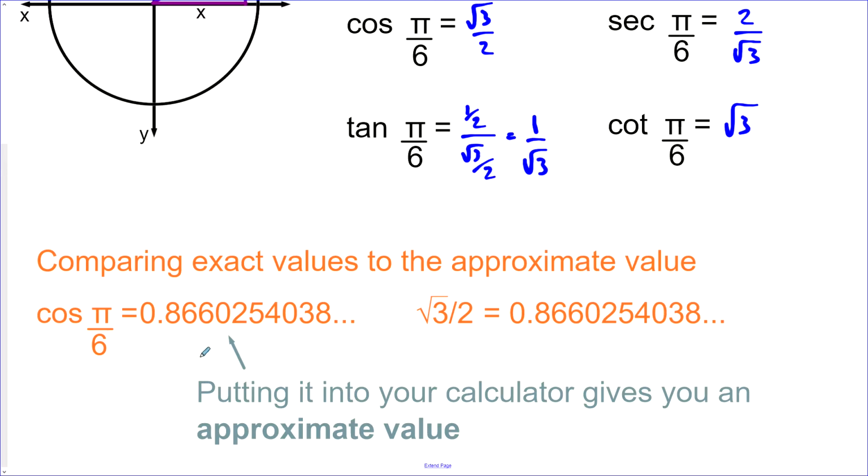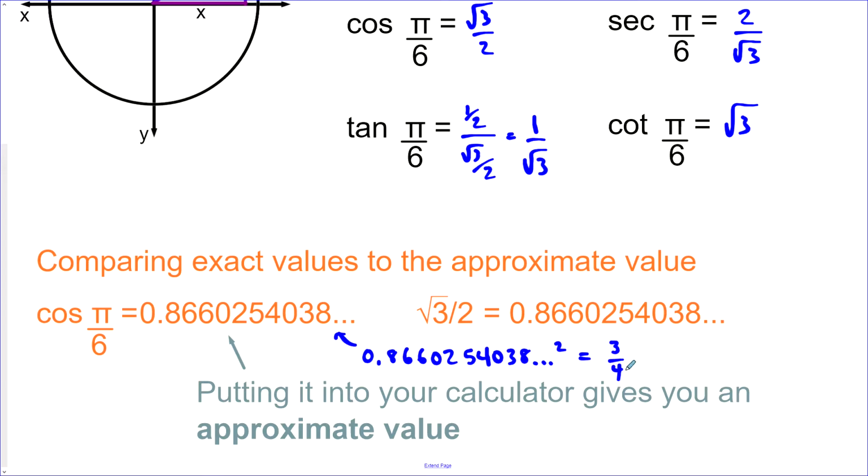Now what do you do if you completely forget what cos pi over 6 is and you get this decimal and you need the exact value? Well, there is something we could do. We could play with this number here, 0.866. Take all of this, including the decimals you can't see, and square it. And what you'll get is 3 over 4.